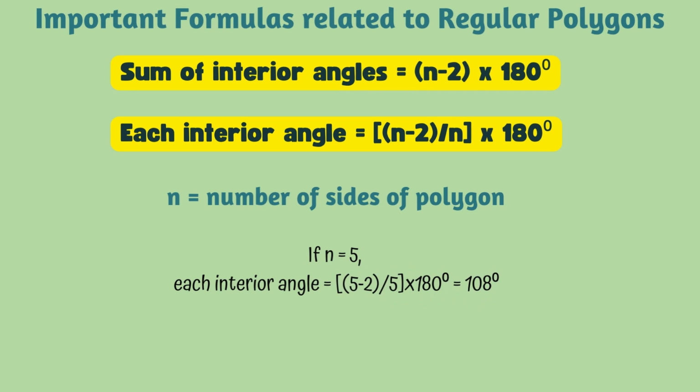So sum of interior angles is given by (n minus 2) into 180 degree, and each interior angle is given by ((n minus 2) divided by n) into 180 degree. Here n is the number of sides. Suppose n is given as 5, then each interior angle is ((5 minus 2) divided by 5) into 180 degree, which is 3 by 5 into 180 degree equals 108 degree.